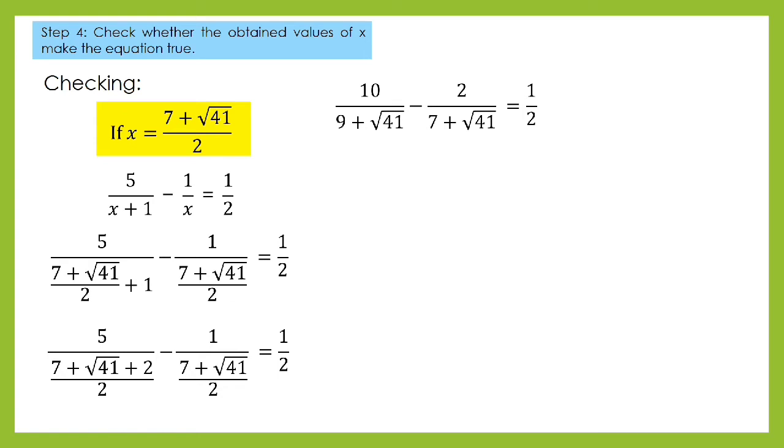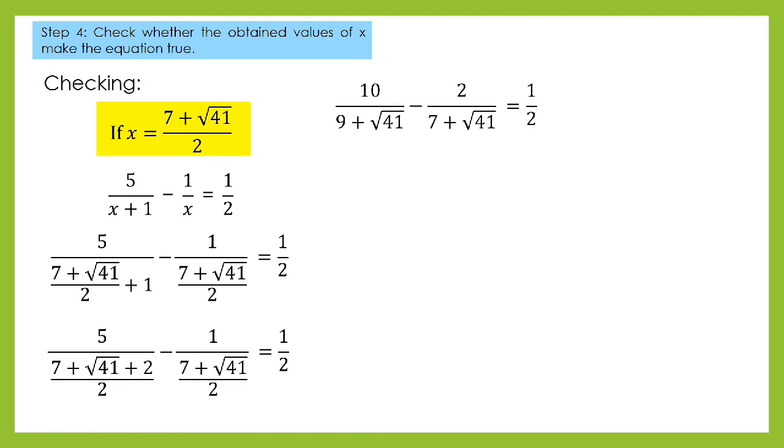So, 5 divided by 9 plus square root of 41 over 2 is equal to 5 times 2 over 9 plus square root of 41. We took the reciprocal and then proceeded to multiplication. So, 5 multiplied by 2 is 10. And then, our denominator is 9 plus square root of 41.